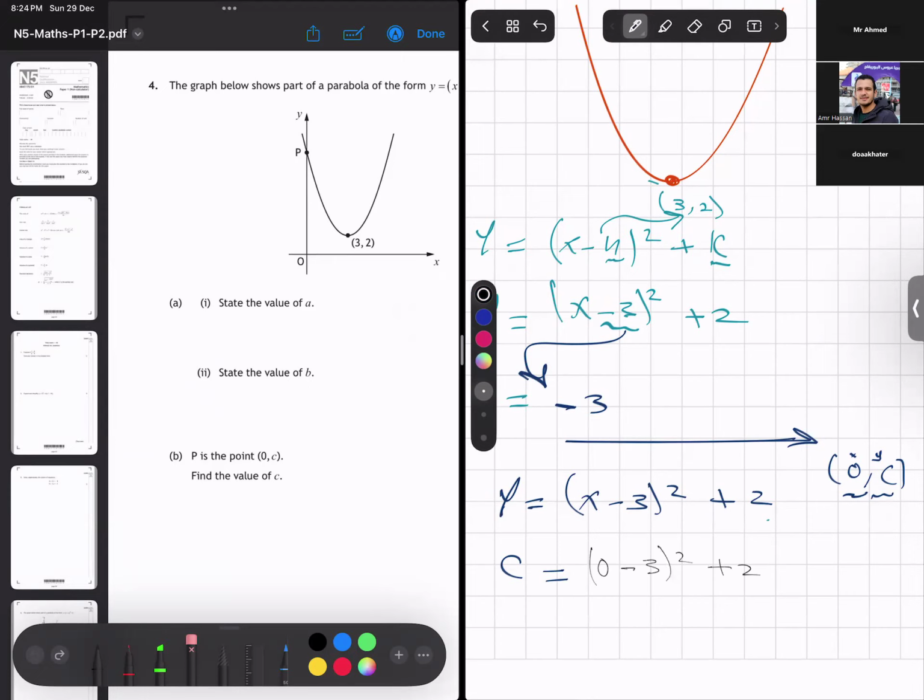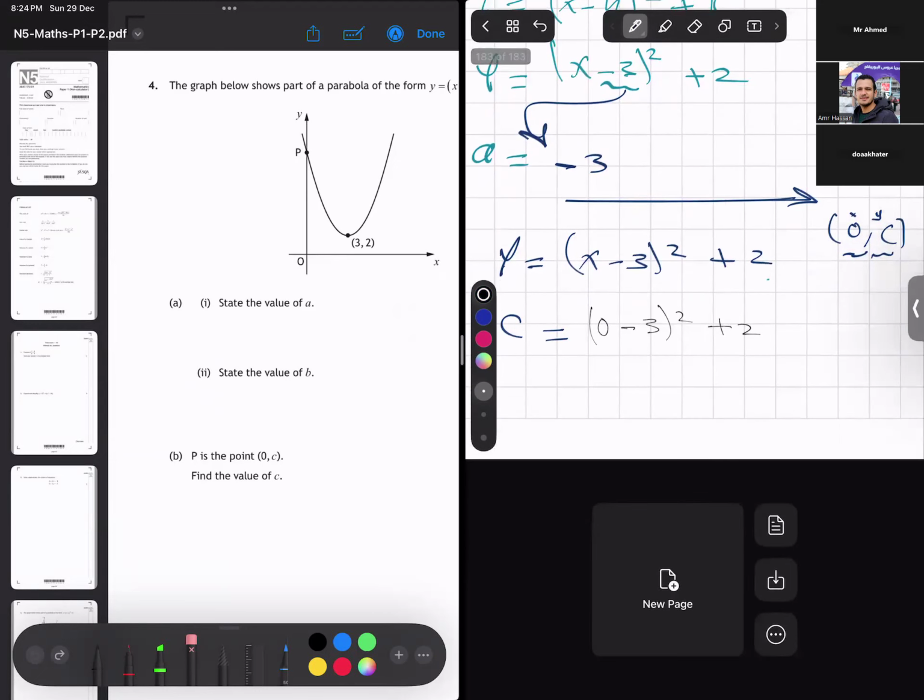You get it? So what does C stand for? Negative 3 squared. What is negative 3 squared? Negative 6. Wait, no, 6. Oh, 9. It's 9. Right. Okay, 9 plus 2 is 11. Okay, I'm going to erase it.